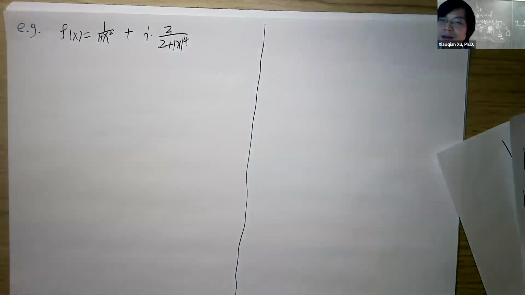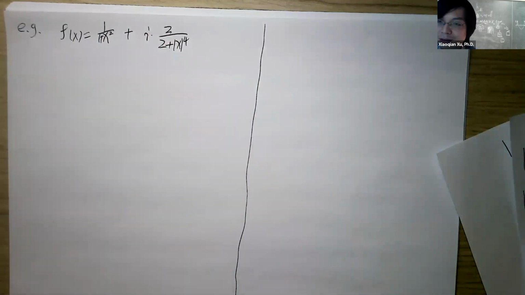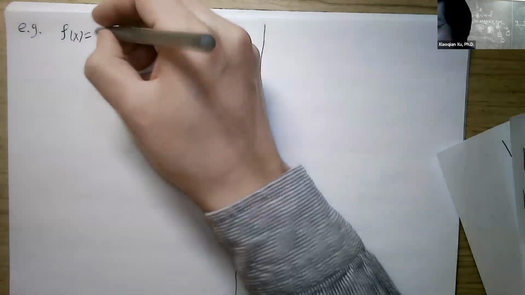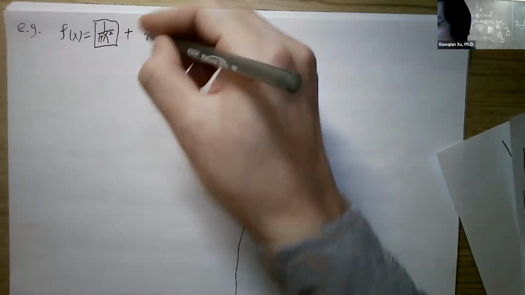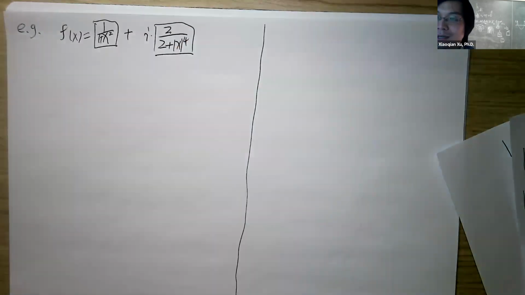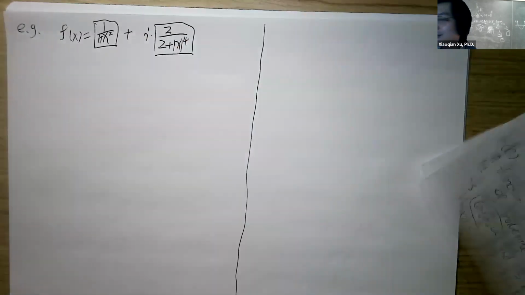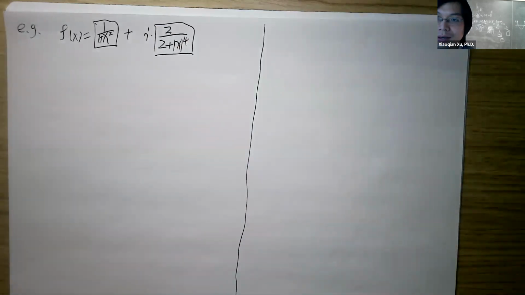If your function is complex valued, it doesn't matter, because you can still understand it as a real valued function that contains two components, and when you do any estimate, you can do it component by component. It doesn't really hurt anything.